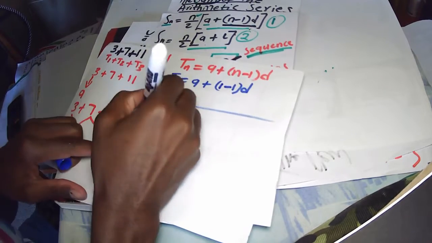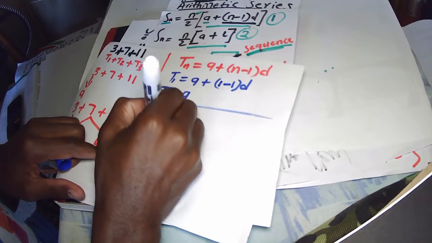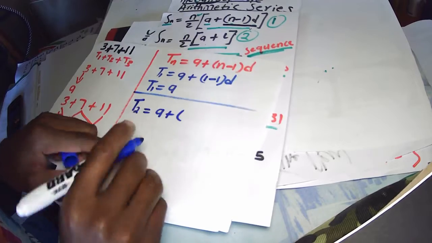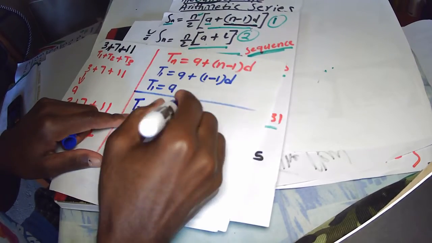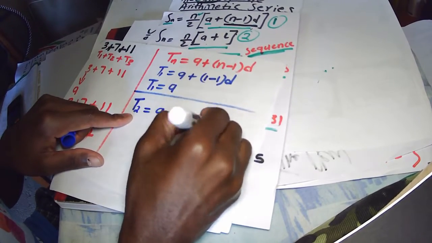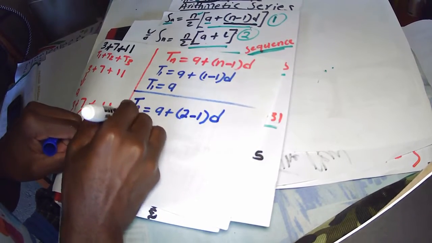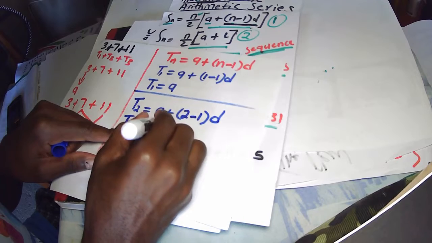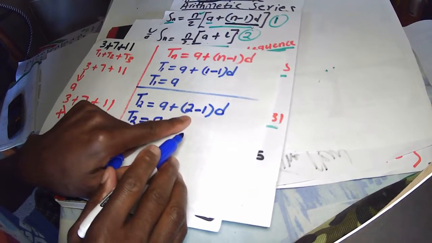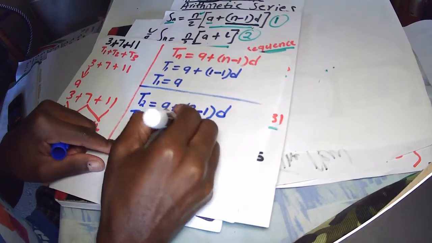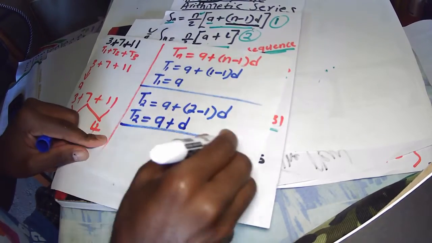What about T2? If I want to get T2, we leave A as it is, but where there is n, we put 2, minus 1, d. So 2 minus 1 is 1, 1 times d, so A plus d.